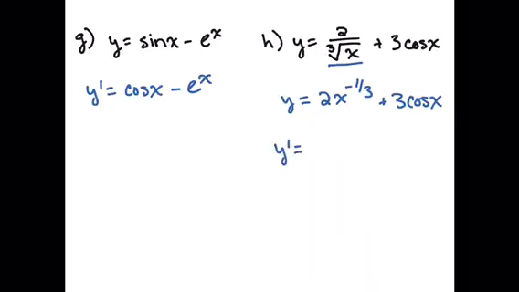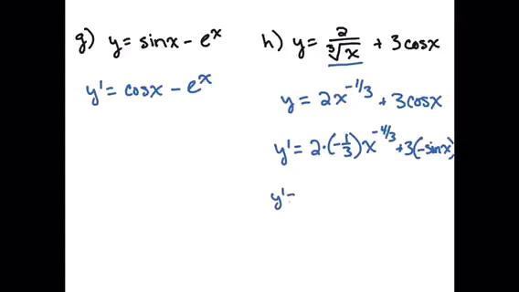Then the derivative of 2x to the negative 1/3 is 2 stays out front, negative 1/3 comes out, we get x to the negative 4/3, and then plus 3 times the derivative of cosine x is negative sine x.